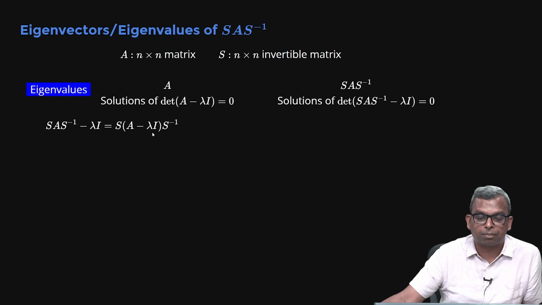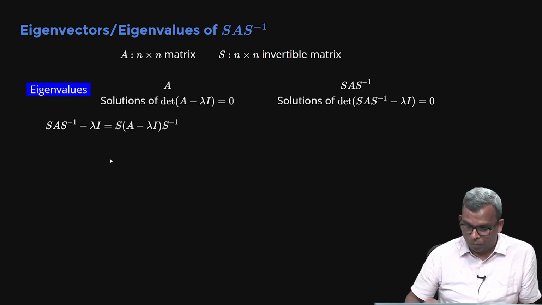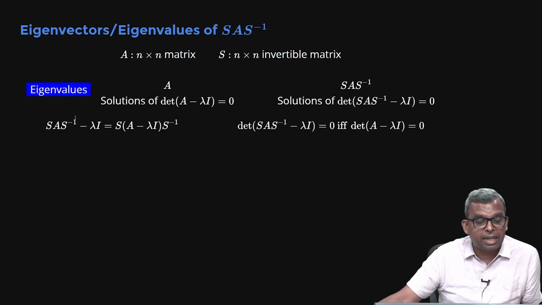This is a very interesting relationship. Because of this, determinant of S A S inverse minus lambda I is 0 if and only if determinant of A minus lambda I is 0, because determinant of S is non-zero and determinant of S inverse is non-zero.